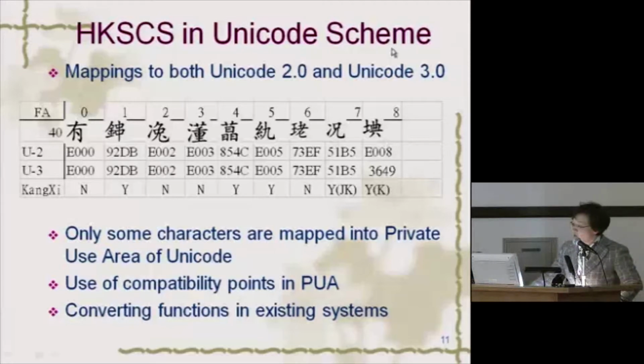In that case, you look at these characters. In the government standard, we provided the mapping into Unicode because Unicode was also at the time being developed. So we have the mapping into Unicode under Unicode version 2, under Unicode version 3. So now we also have more.